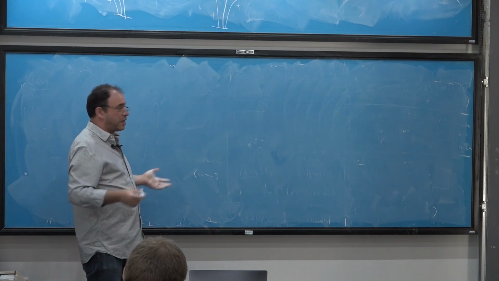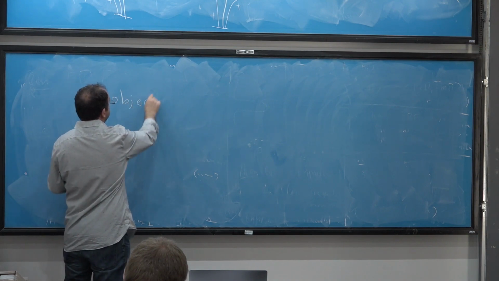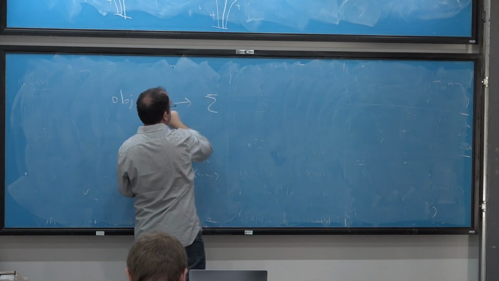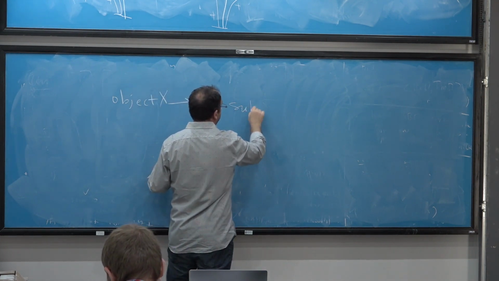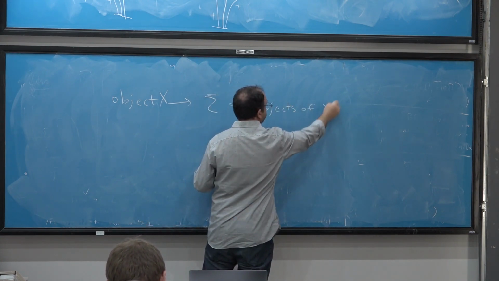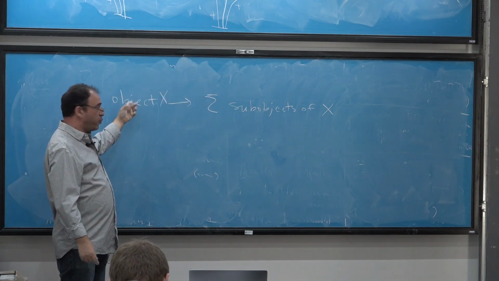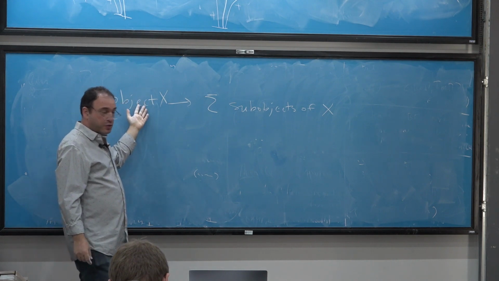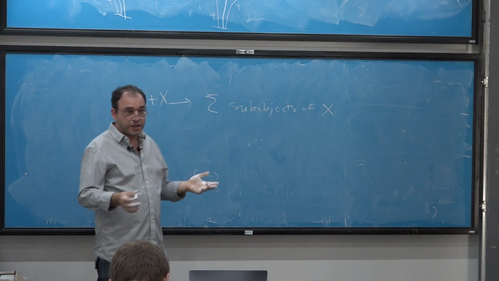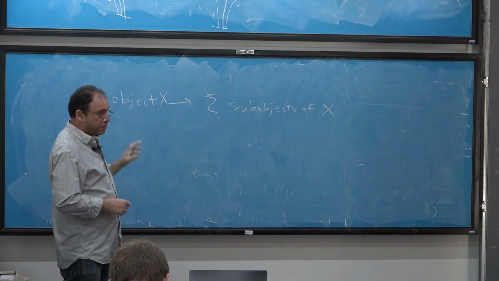So basically, you take a combinatorial object and you send it to a formal sum of sub-objects of X. For instance, if X is a word in a free group, you can send it to the sum of subwords in the free group, and then you get something like a Kontsevich integral for the free group. And something like this works here.